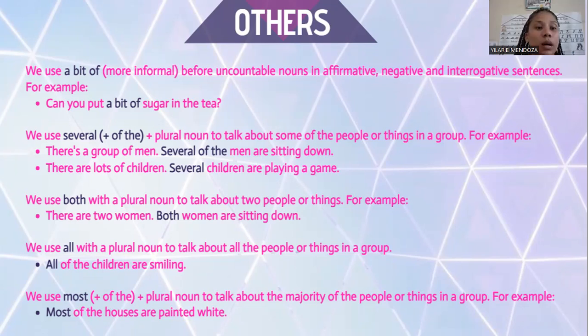We use both with a plural noun to talk about two people or things. We use all with a plural noun to talk about all the people or things in the group. We use most plus of the plus plural noun to talk about the majority of the people or things in a group.